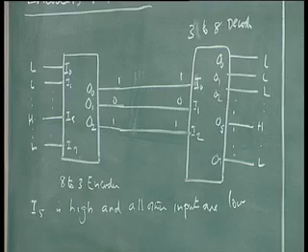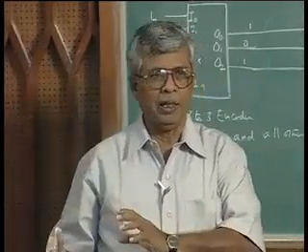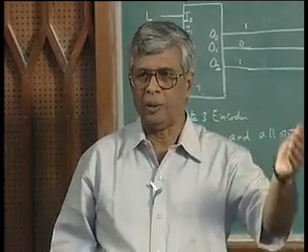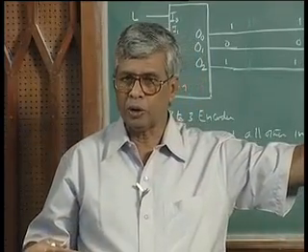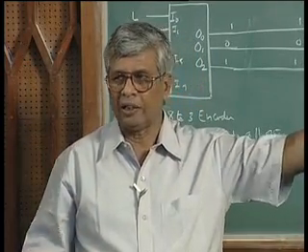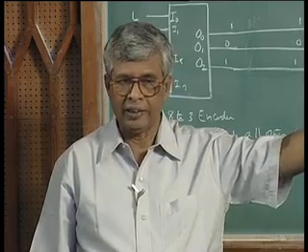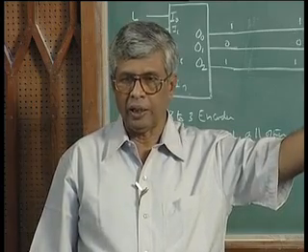Why do we need this? I have 8 possibilities at the input and 8 possibilities are required at the output, and I do not want to run 8 lines from input to output, because one of these lines will be active high at any given time, and others will not be.